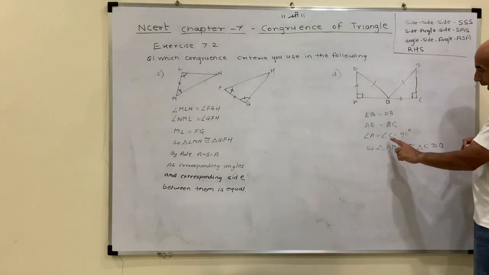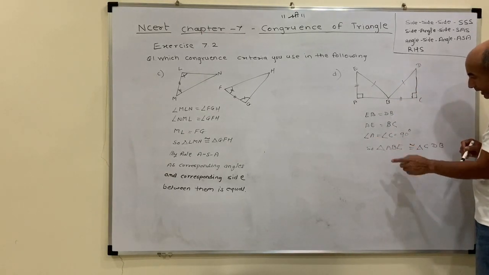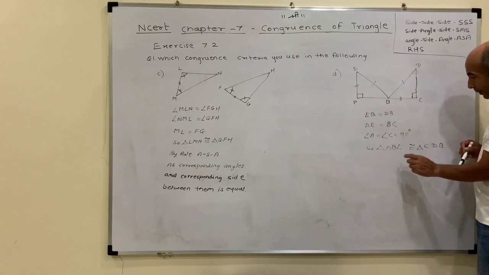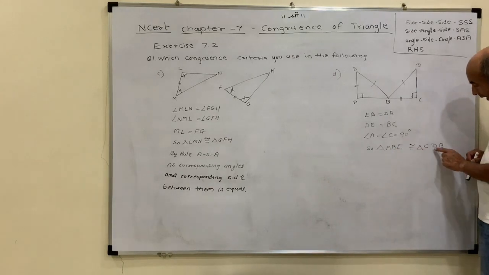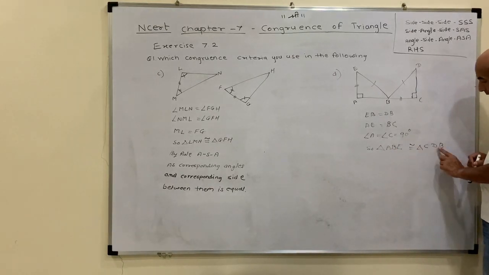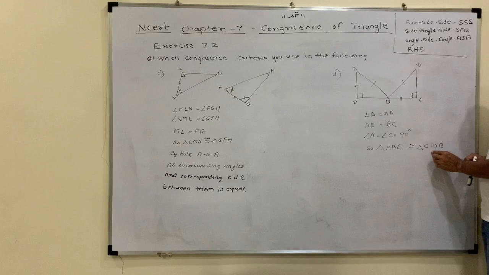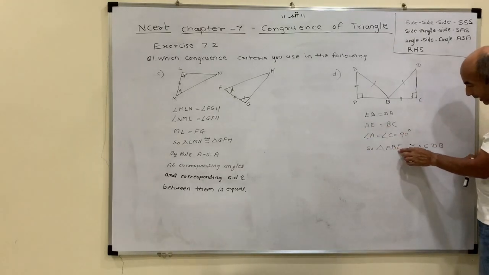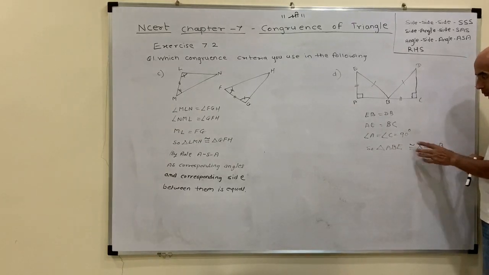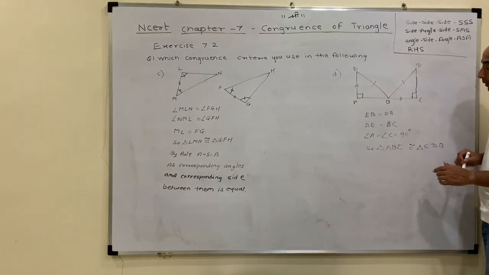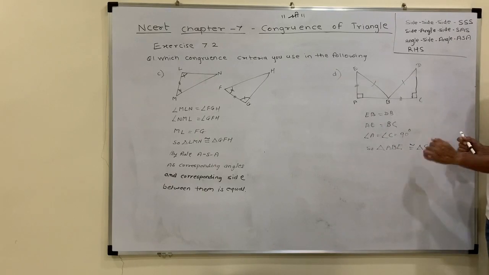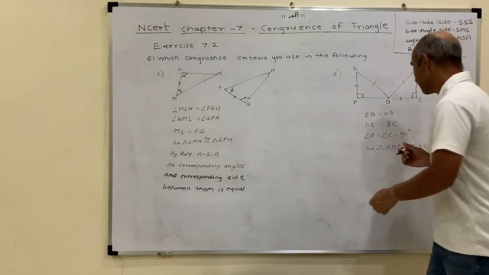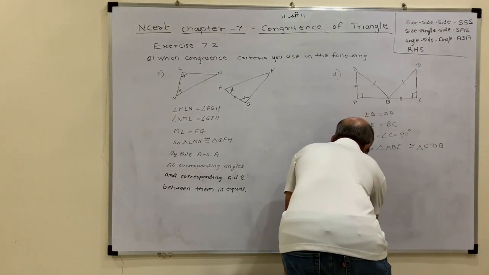EB and DB are mentioned in a corresponding manner, and AE and BC too. But the rule is right angle triangle, hypotenuse, side.